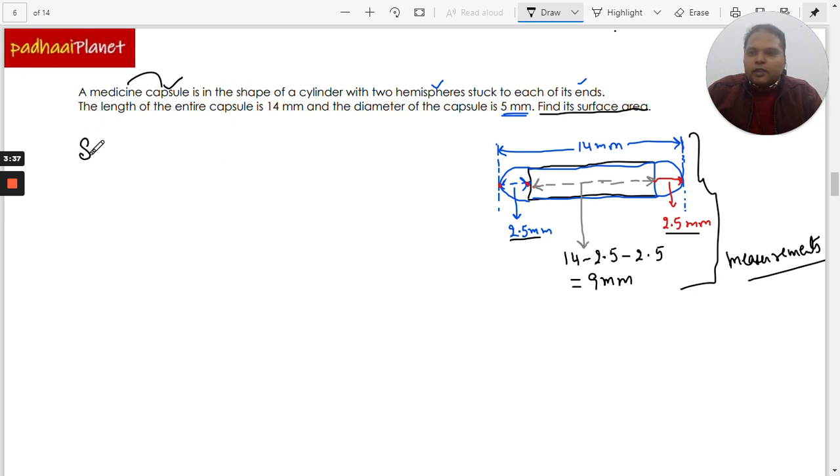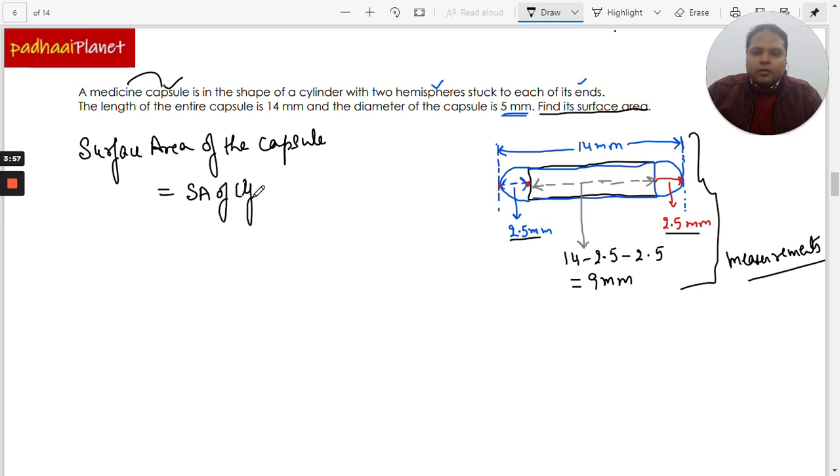So the surface area of the capsule is equal to the surface area of the cylindrical part of the cylinder plus surface area of both the hemispheres, right?